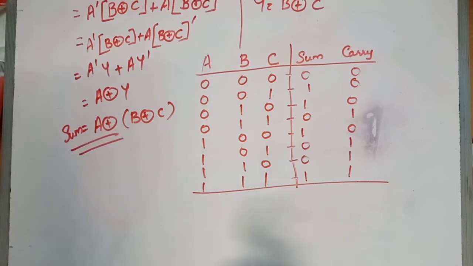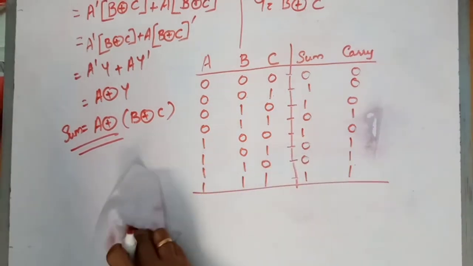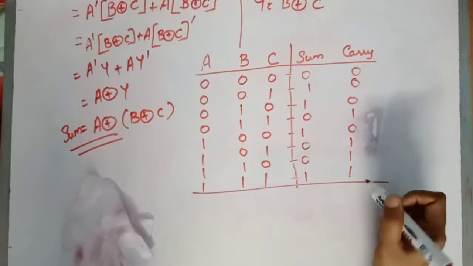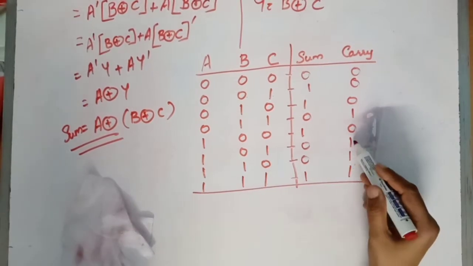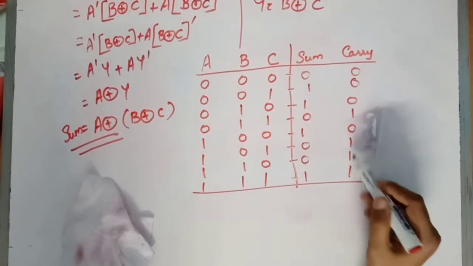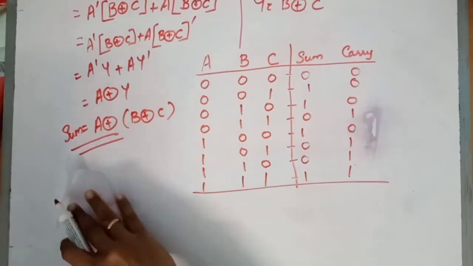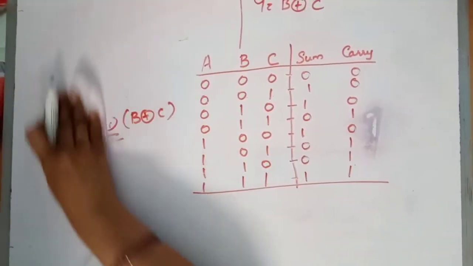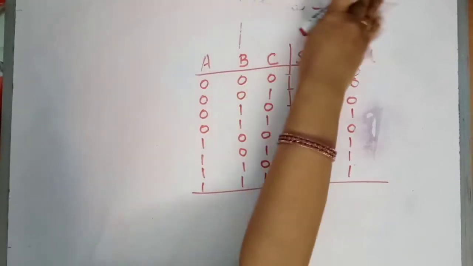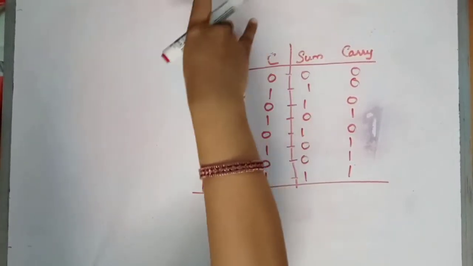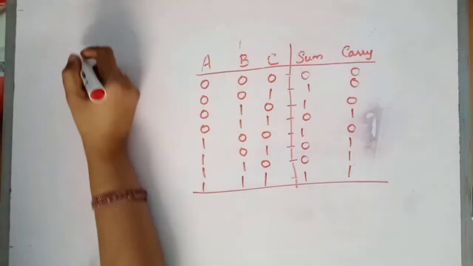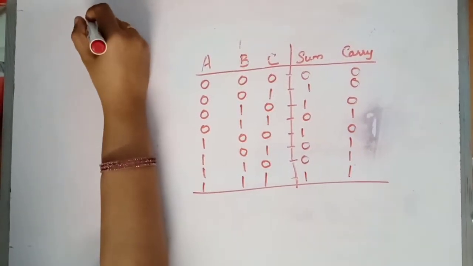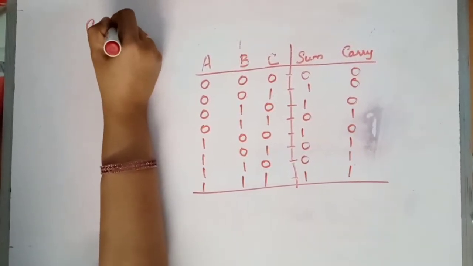So after this, carry, but you can see that here in adjacent numbers you have ones. So if you draw the K map, you can simplify it. So you'll be writing the K map for carry.